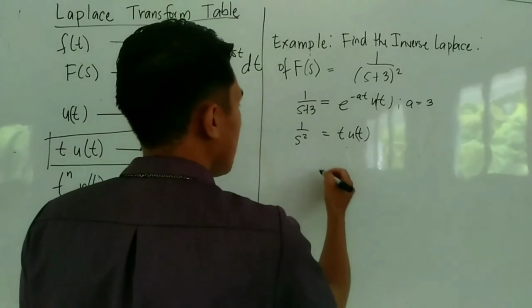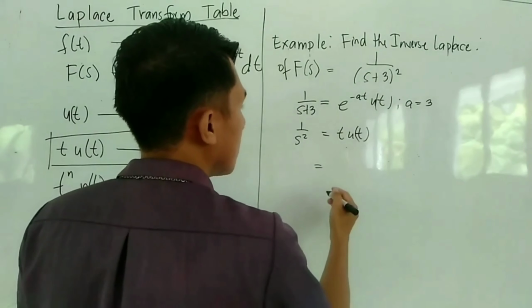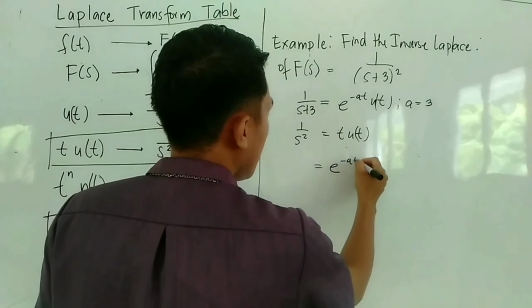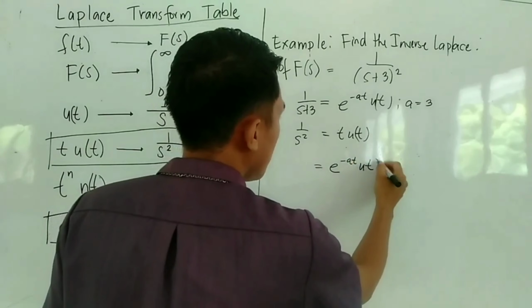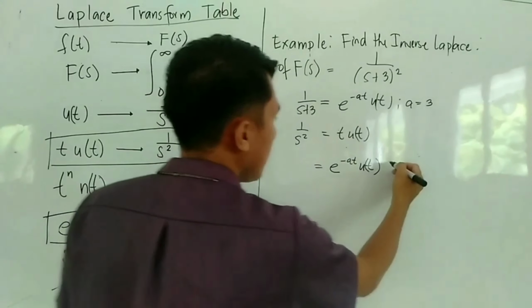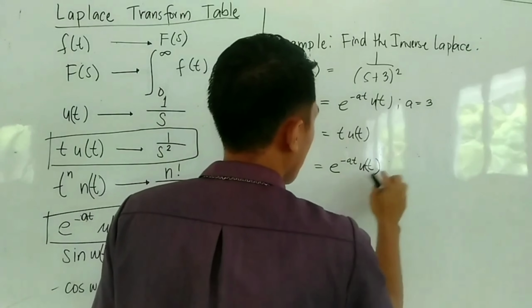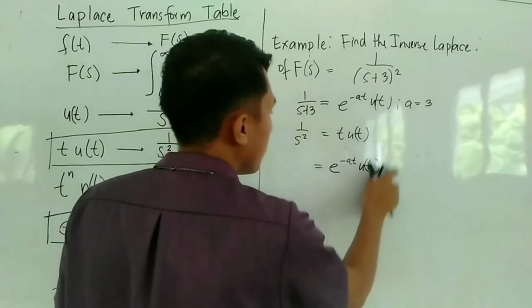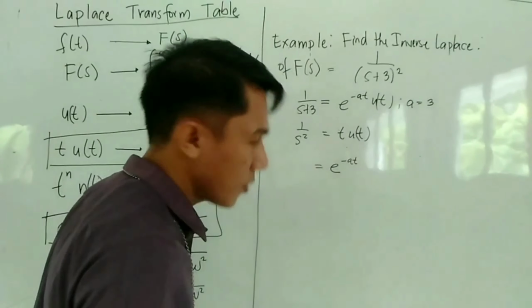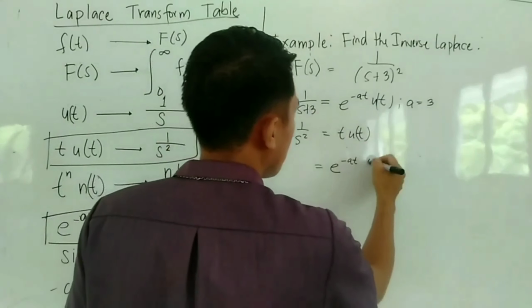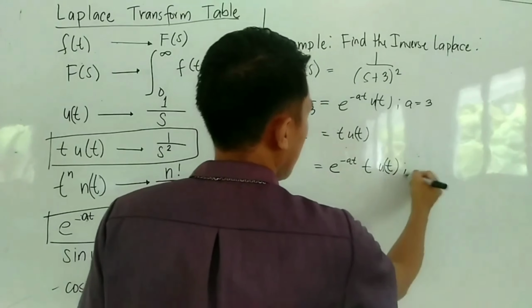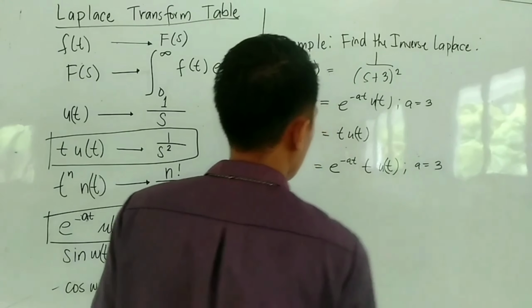Okay, let's combine all, that becomes e to the negative a t u of t, and the same with the value of t u of t, wherein a is equal to 3.